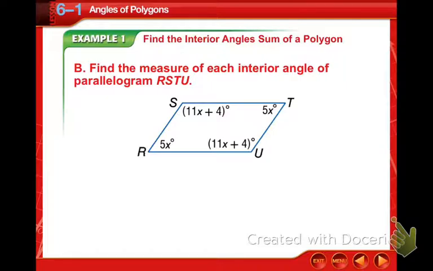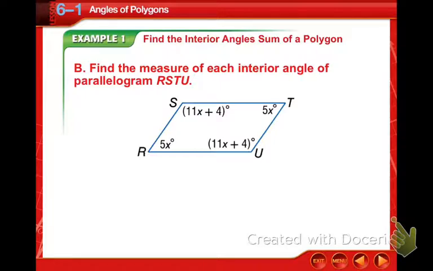If you had a parallelogram, or a rectangle, which is technically a parallelogram, it would have 4 90-degree angles, and 4 times 90 is 360. So we're going to add these up and set it equal to 360.